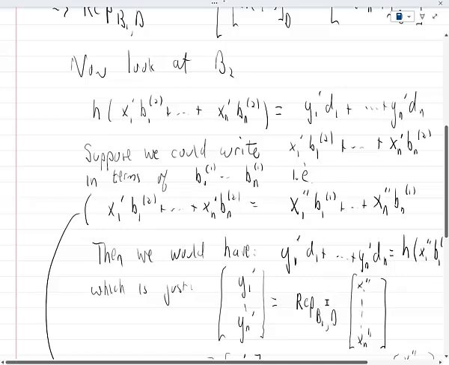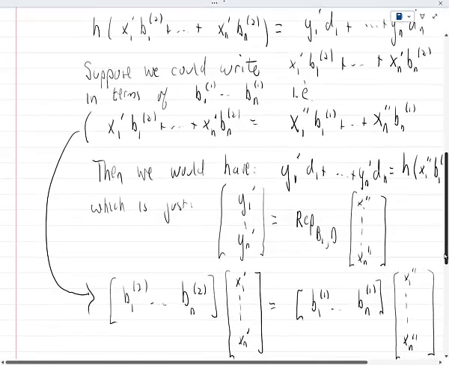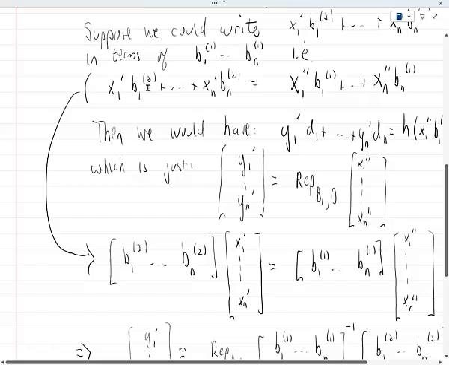Okay, so the strategy here is to go from basis B2 to basis B1, and then once I have the vector in terms of basis B1, I can apply H to that by using the representation matrix that I already have that relates B1 to D. So the problem is reduced to translating from basis B2 to basis B1. But that's what we have here.